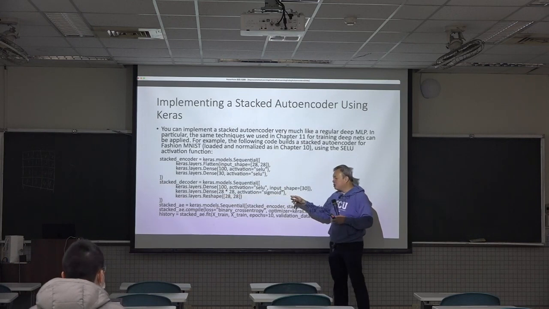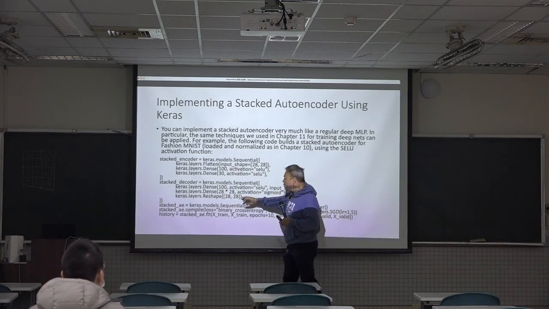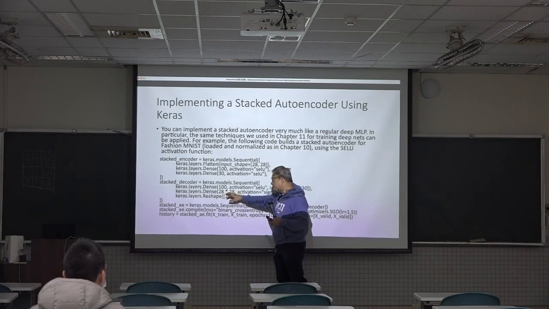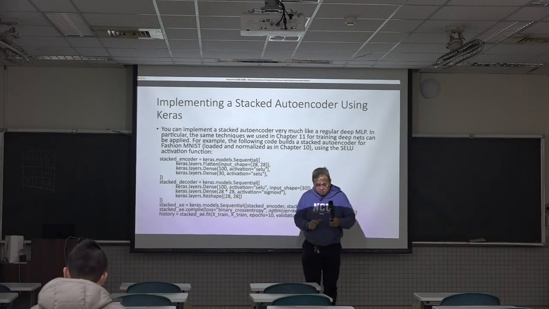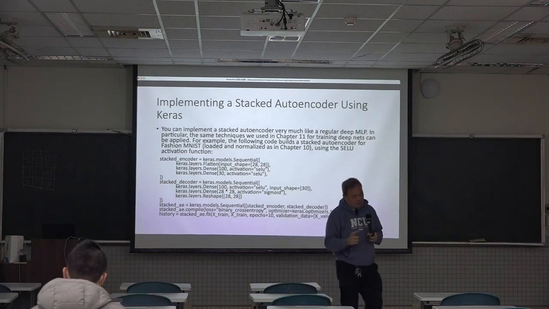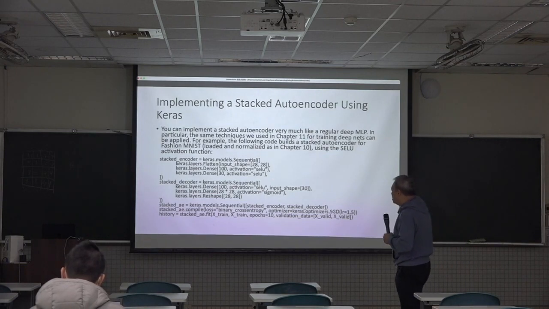This is very special. We reshape this 28 times 28 into 28 by 28, into two dimensions, because this is one dimension and eventually it will be treated as a picture, so it has to be two-dimensional.